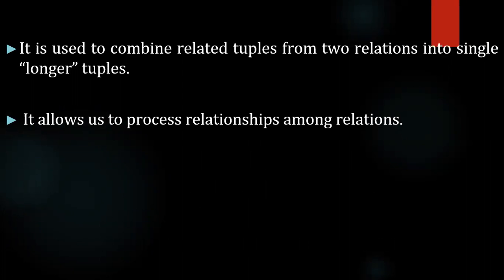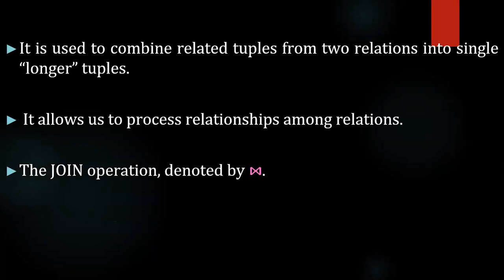With the help of this join operation, as the name indicates, it allows us to process relationships among the relations, that is, joining the relations. It is denoted by a general symbol, which is given here in pink color. This is the join operator.